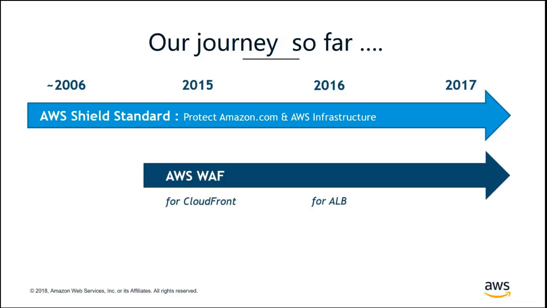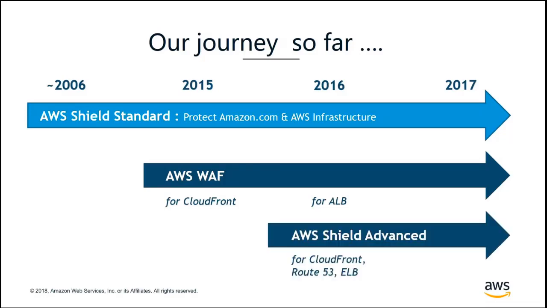At re:Invent in 2015, we launched the AWS Web Application Firewall, or WAF, with support for CloudFront and the Application Load Balancer. At re:Invent in 2016, we launched Shield Advanced with support for CloudFront, Route 53, and ELB. And then last year, we added support for elastic IP addresses associated with EC2 instances and Network Load Balancer.